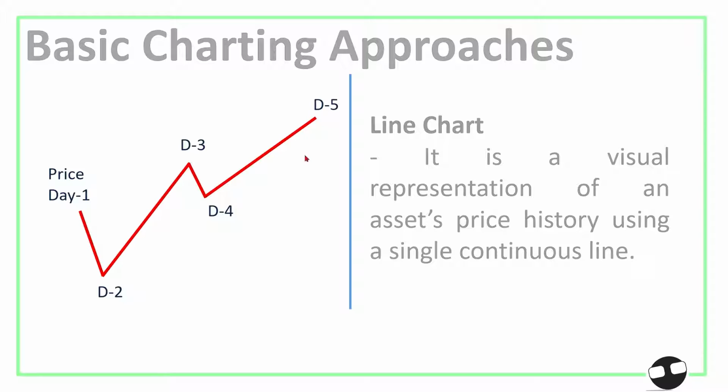Looking at this 5-day line chart gives us an idea of the general trend of the price of an asset. Charting and technical analysis work if you are trading stocks, currencies, and even commodities. Okay, so these are basic approaches.